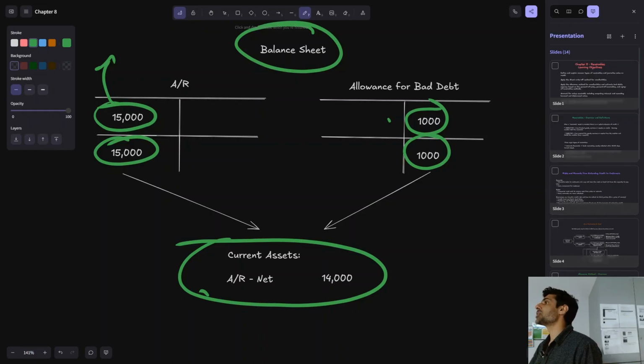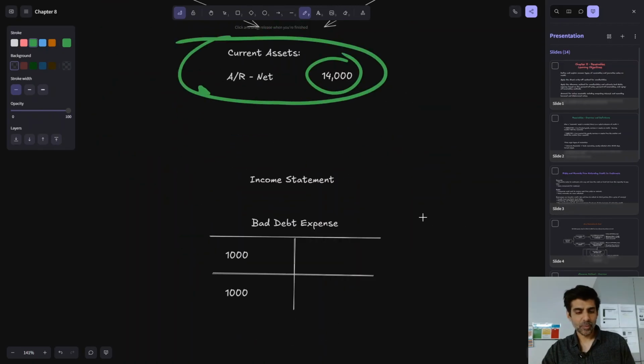On our balance sheet, we want to show only what we think it's actually worth. It's not worth 15 because we know we're not going to collect all of that. So we're going to report this net balance, which is the gross less this contra credit balance. Now we have this piggy bank set up, and at the end of the year, this is what we're going to report for accounts receivable.